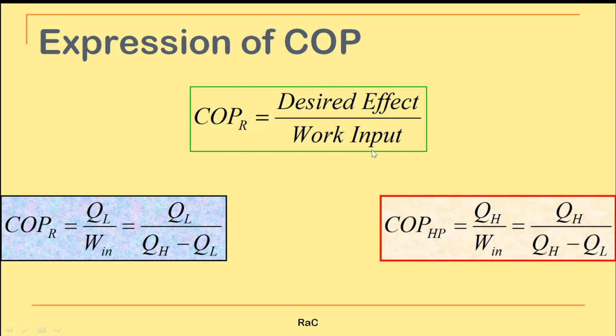So mathematically we can express COP of a refrigerator or a heat pump as desired effect by work input. Commonly we write it for a refrigerator or a heat pump this way because the same system can function as a heat pump or a refrigerator.